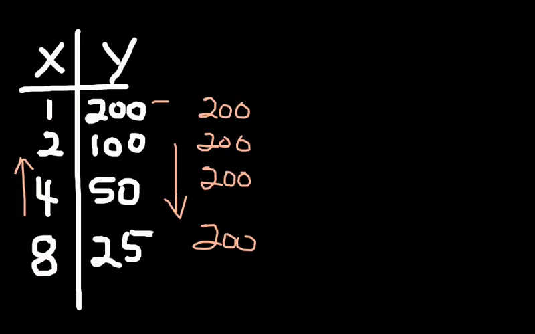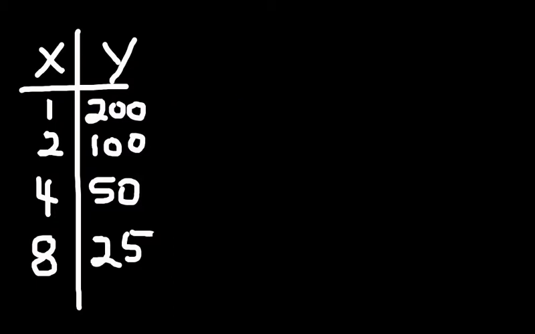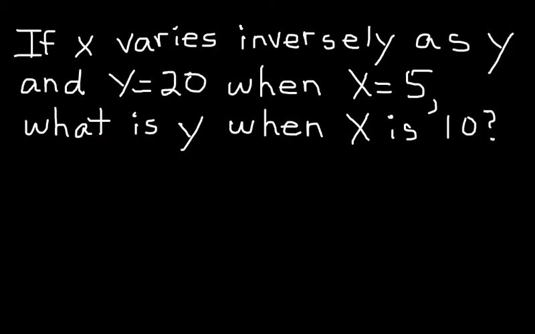So let's take a look at the kind of problem you might see involving inverse variation. If x varies inversely as y, and y equals 20 when x is 5, what is y when x is 10?